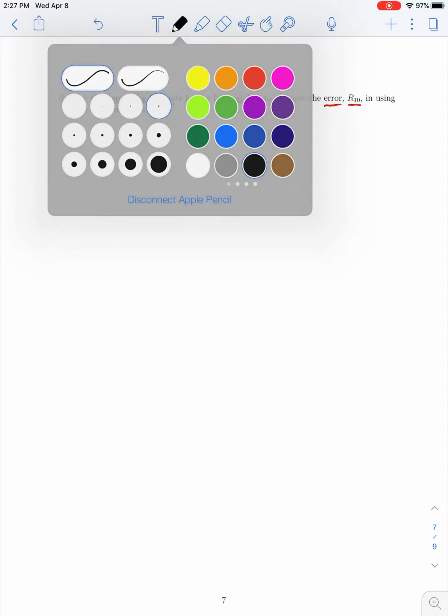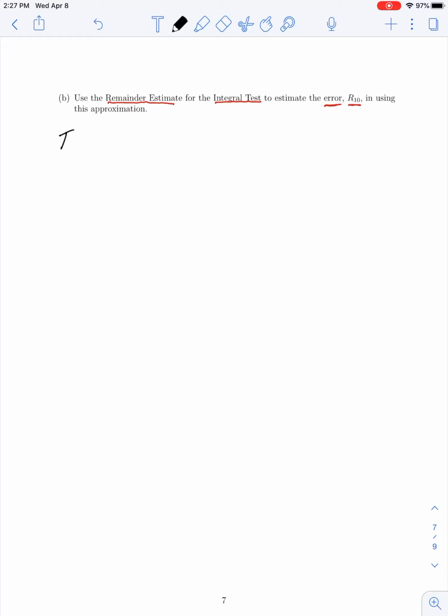So we know that R10 is the remainder in using the 10th partial sum approximation to approximate our series. It's the difference between S and S sub 10. So this difference was the error, or how far we're off in our approximation from the true value of our sum.